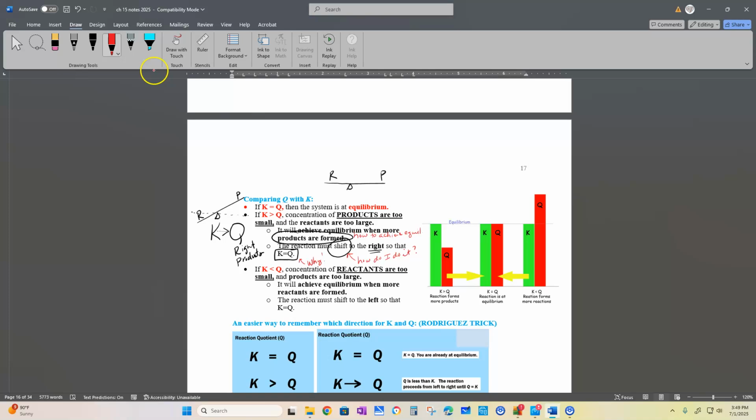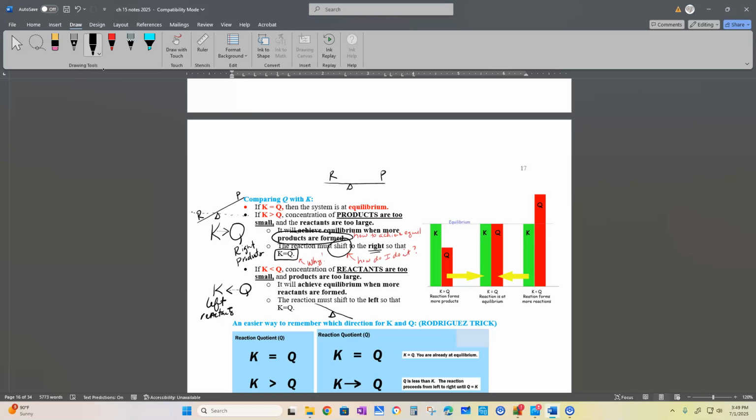Well, on the flip side, if your K is less than Q, notice which way your little cool arrow is pointing. I'm pointing now to the left side of the equation, and who's on the left side? Well, my reactants. So according to my teeter-totter, I don't have enough reactants.